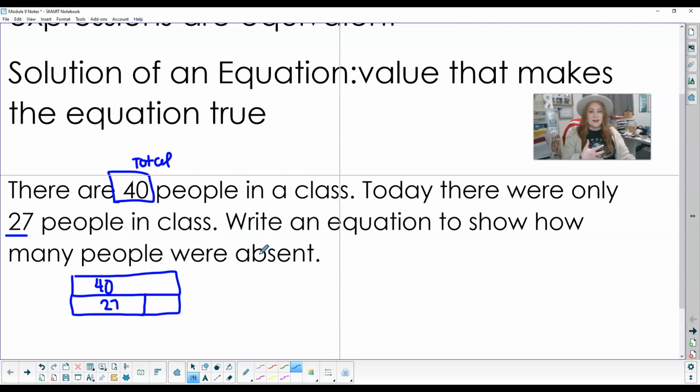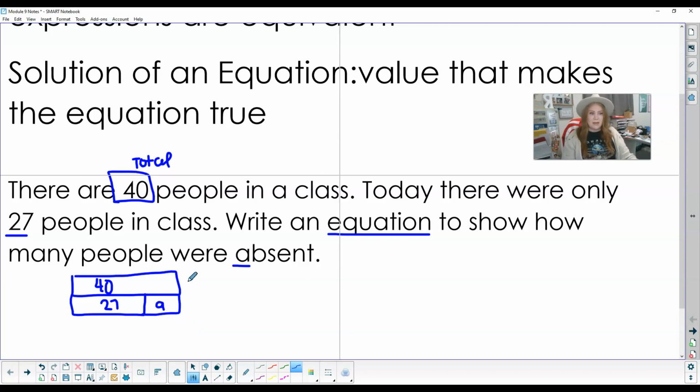So yes, I can solve this right now, but we're not going to just solve it yet. We're going to show how you would do that. I don't just want the answer. We're writing an algebraic equation to show what you would do. So I'm going to say A for absent. These are the absent people.